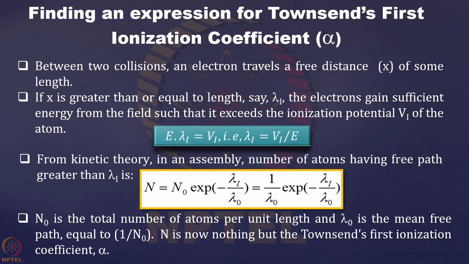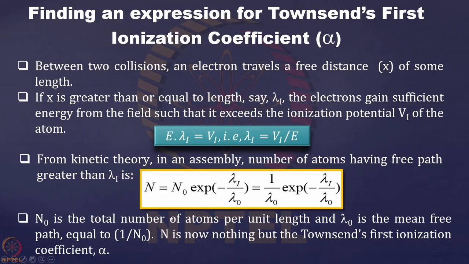So we are now following the kinetic theory approach, and we are finding the number of ionizing collisions that will happen if there is an assembly of n0 number of electrons per unit length. So out of n0, these n will be ionizing collisions, and each of these collisions will produce one electron, and per unit length how many electrons are produced? That is n.